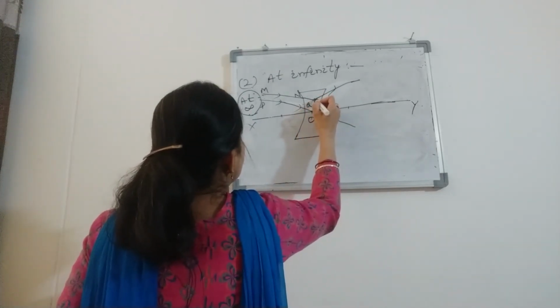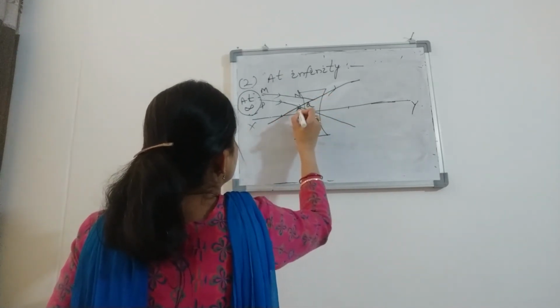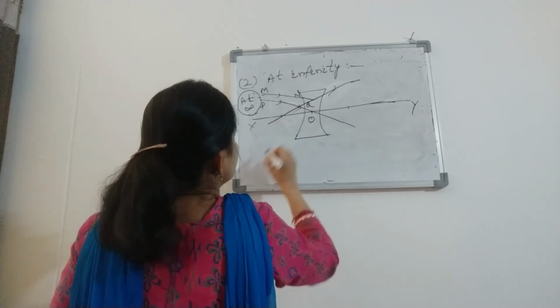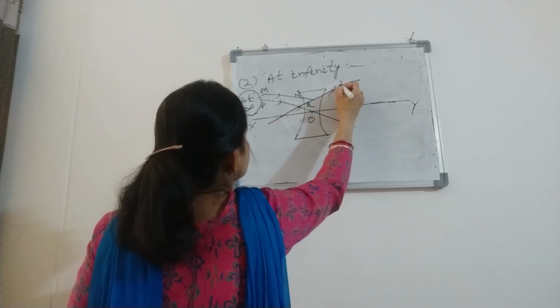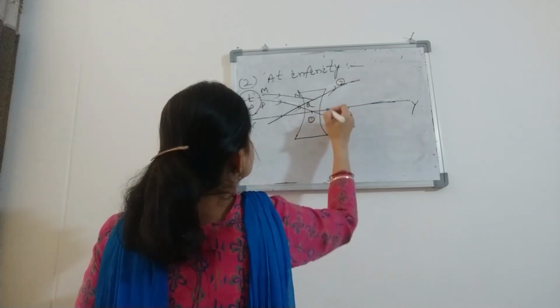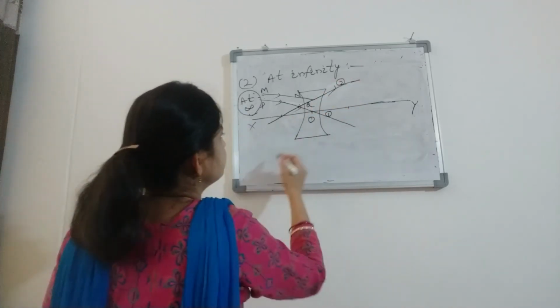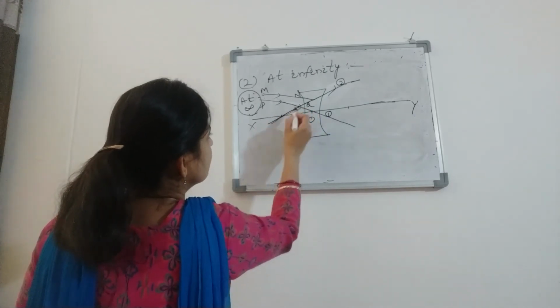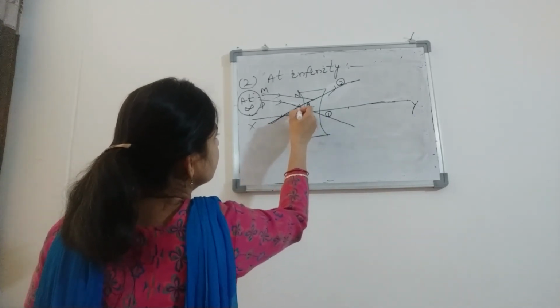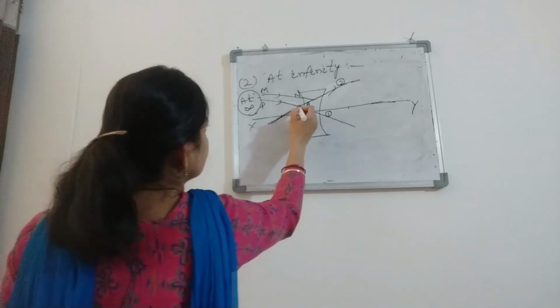Now mark these two rays. This is 1 and this is 2. So their intersecting point is here.